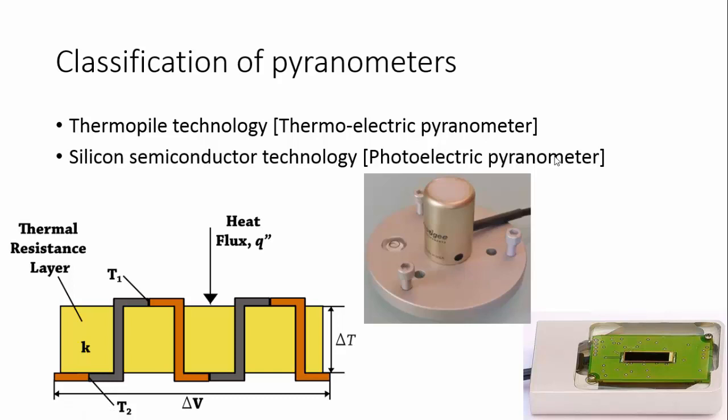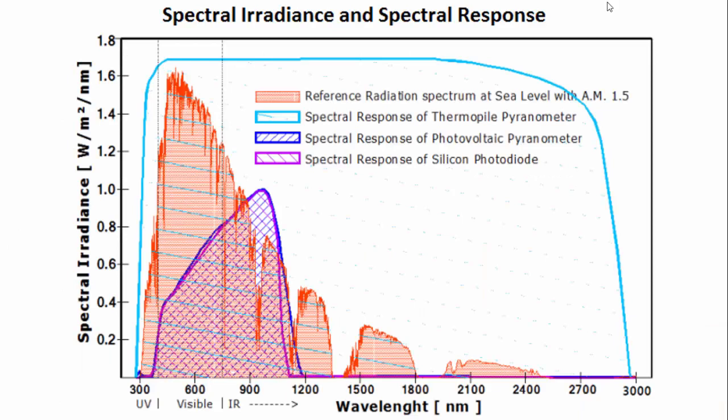This thermoelectric pyranometer, or thermopile pyranometer, has a very wide spectrum. Here we can see it measures solar radiation from 300 nanometers to 3000 nanometers. It can also measure up to 50,000 nanometers. So this is the wide range. We can see this much wide range is measurable by using a thermopile pyranometer, shown in the light sky blue color.